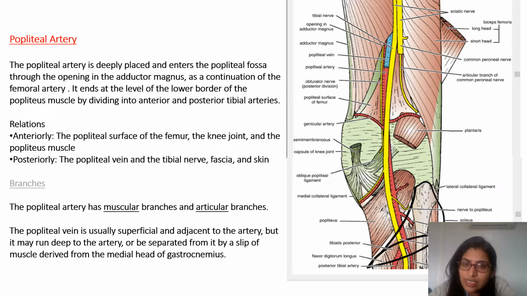Now, you can see that the popliteal vein is usually superficial and adjacent to the artery, but in some cases it may run deep to the artery or be separated from it by a slip of muscle which can be derived from the medial head of the gastrocnemius.